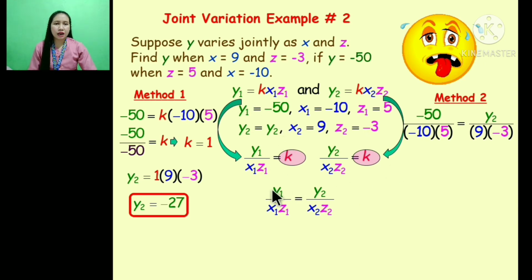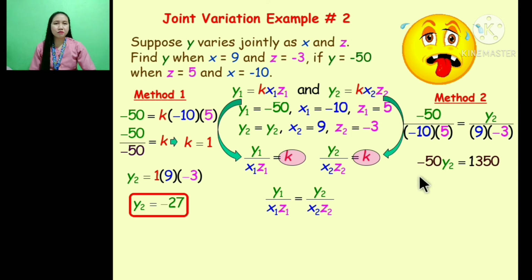We have y sub 1, which is negative 50, x sub 1, we have negative 10, z sub 1 is positive 5, y sub 2, that is the missing one, and x sub 2, we have 9, and z sub 2 is negative 3. So simplify those equations.